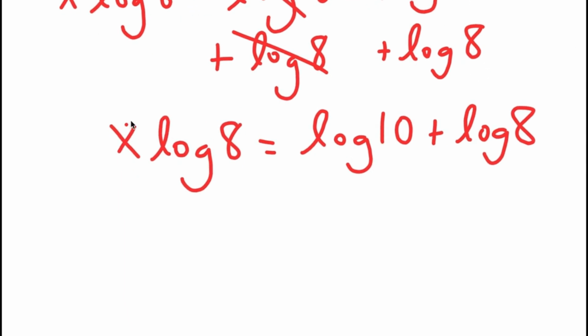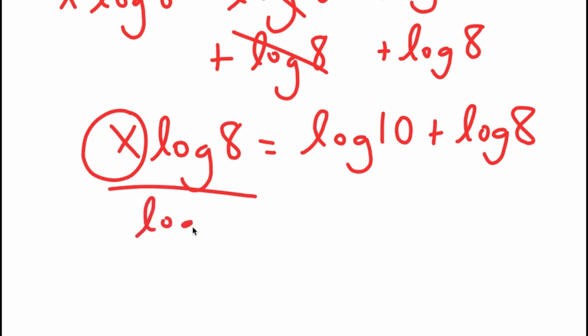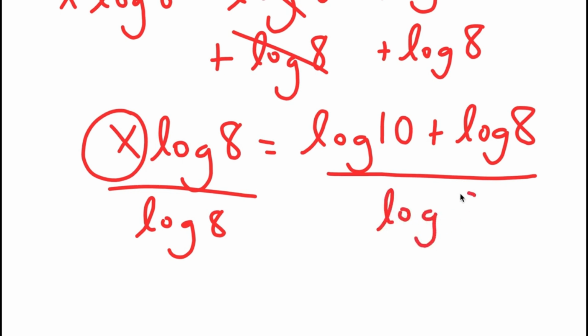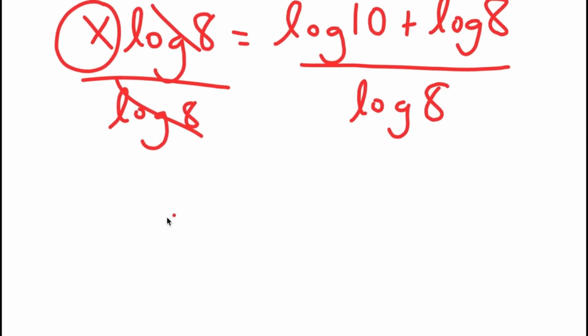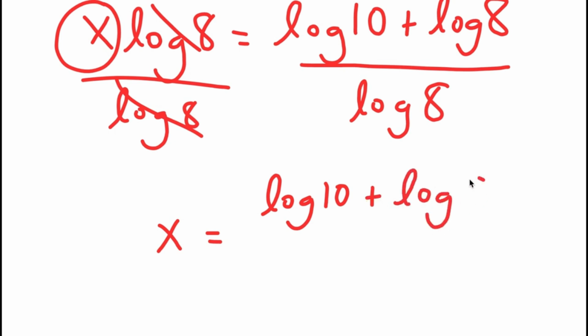And now we want to isolate x. So what I'm going to do is get rid of this log 8 by dividing both sides by log 8. So then these two cancel out, and I'll be left with x is equal to log 10 plus log 8 over log 8.